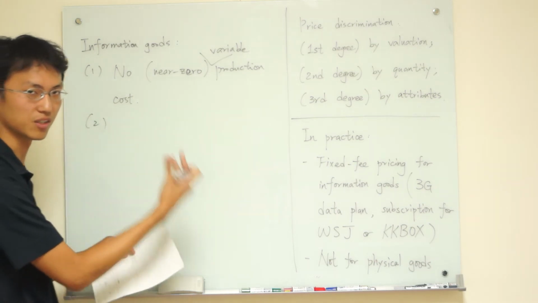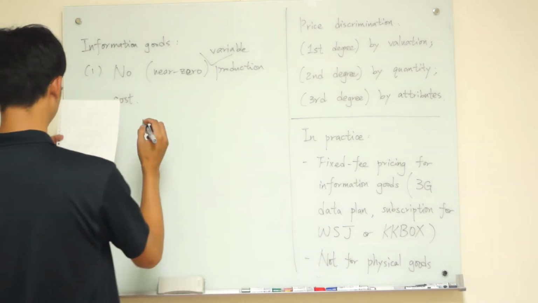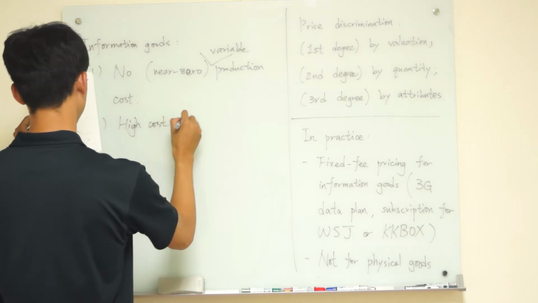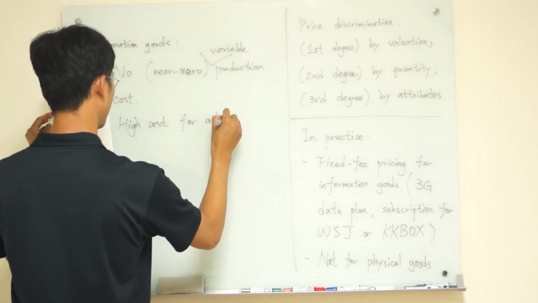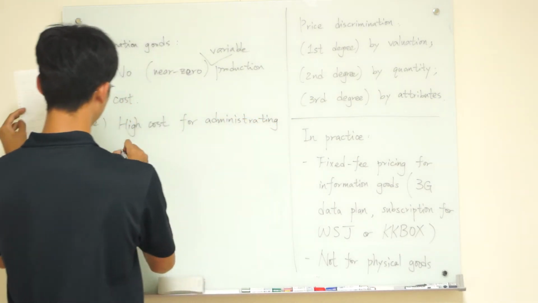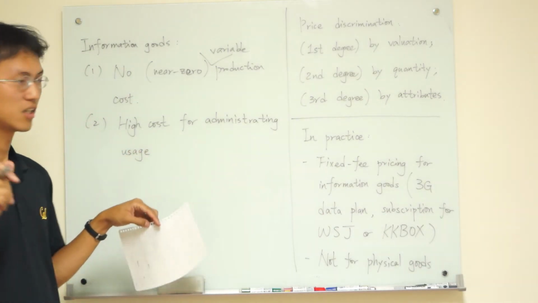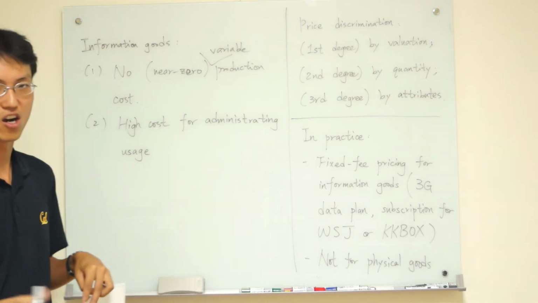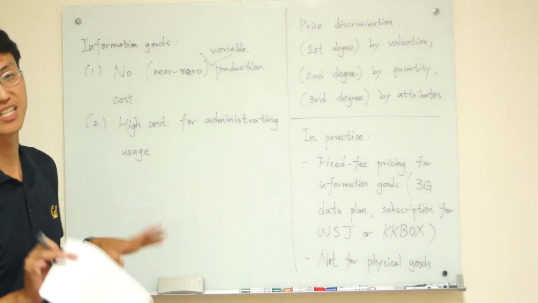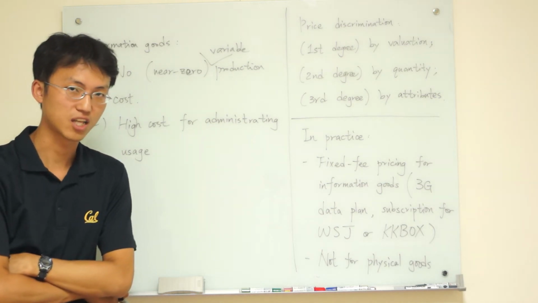And second, there is something that does not appear so common for physical goods. We say it's relatively hard, or the cost for administrating usage is relatively high, compared to your production cost. So what does that mean?